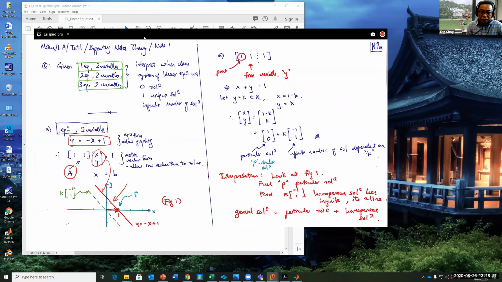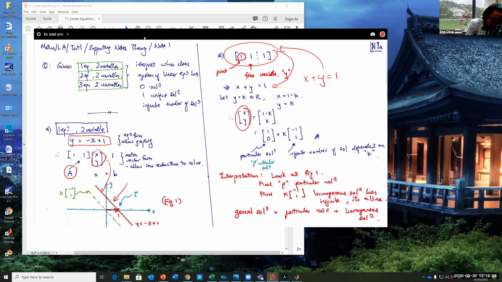All right, so let's go through how to find the solution. We begin with this equation. We must perform row reduction, and then we get this form, and we write the equation as x plus y equals 1. It must be from the row-reduced form.